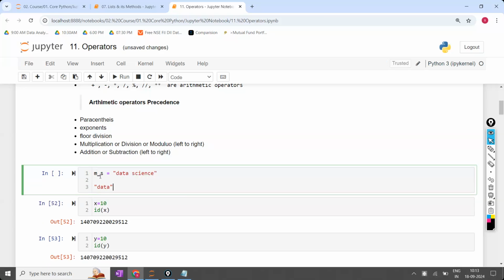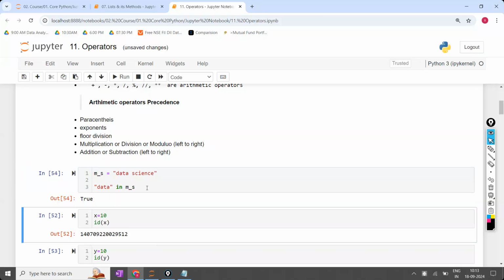Whether data is available in m_s or not. Whether the word is available in the main string or not. Yes or no. If it is available, output is true. If it is not available, output is false. Is the point clear?